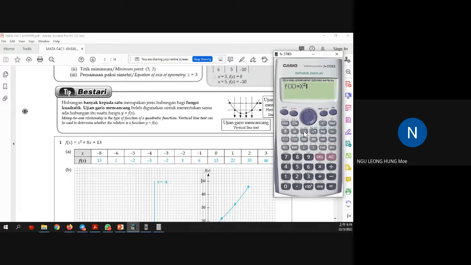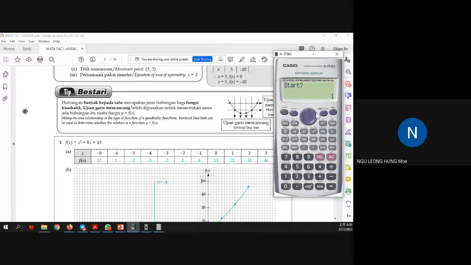Can you get it? If yes, reply me C. Then plus 8x plus 13. Okay, then you press enter, equal.